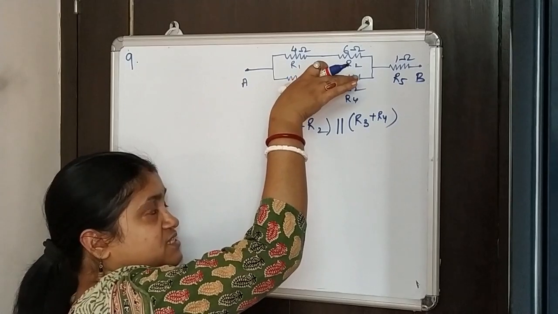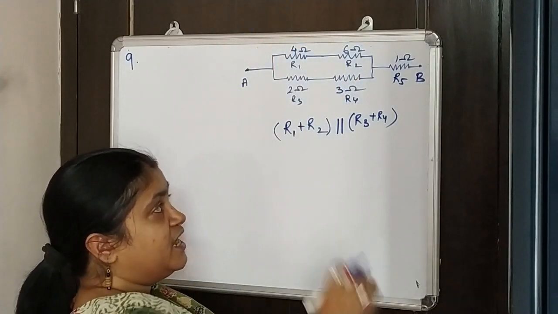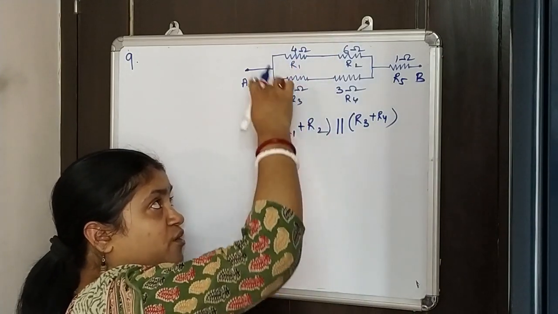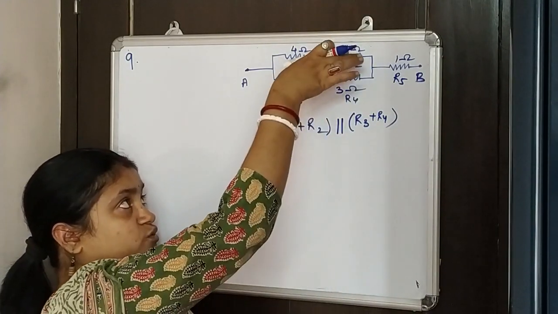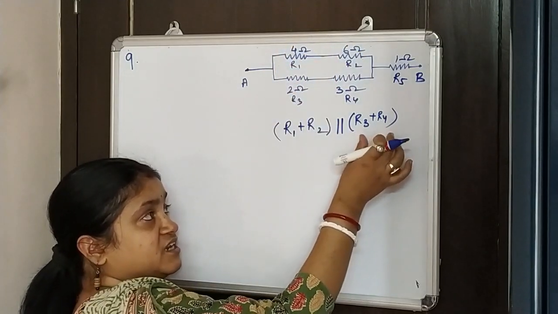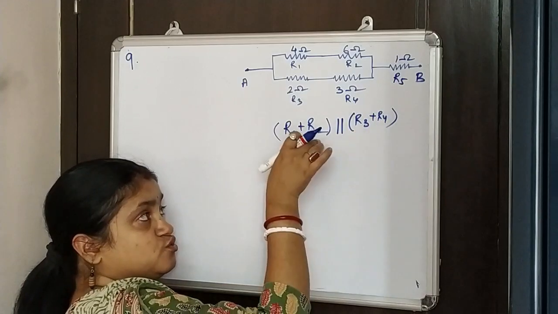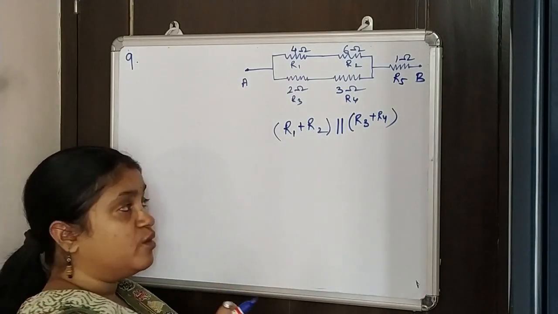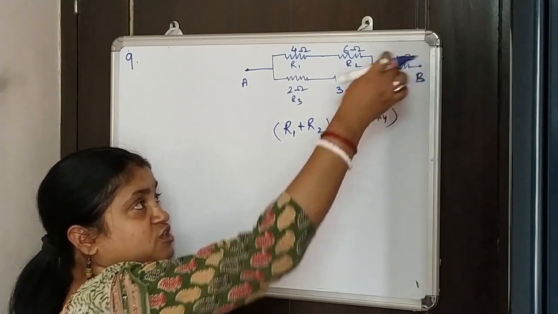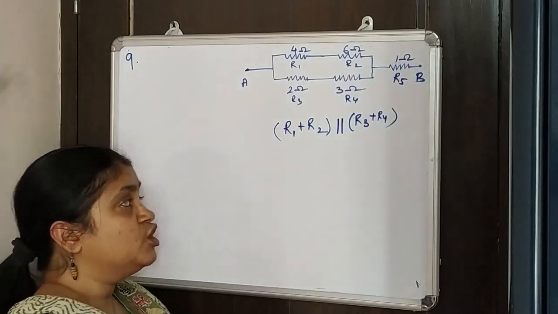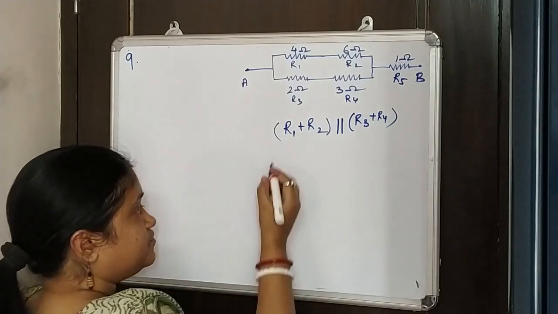You see, this are in series combination and this is in parallel combination. And this whole combination, we can represent it as R1 plus R2, they are in series, R3 and R4, they are in series, and this two, they are in parallel combination. This whole thing is in series combination with R5, right? So first let's do step by step.